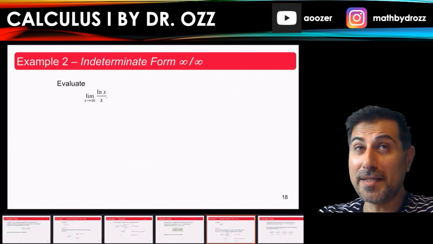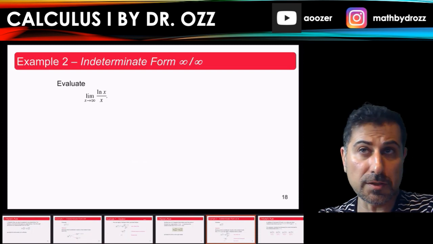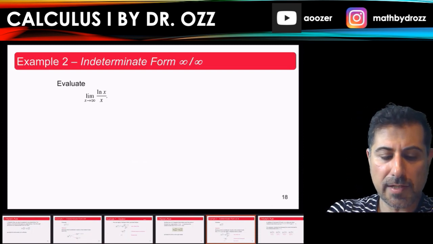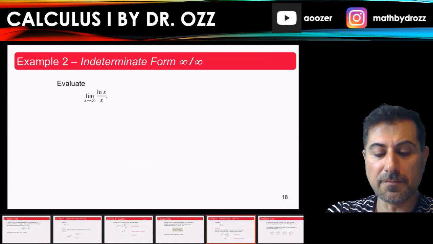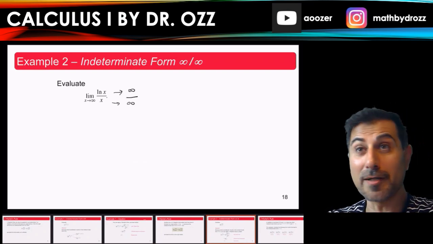Here's another case of an infinity over infinity type indeterminate form. We have done 0 over 0 with the previous example. So let's check. As x approaches infinity, ln x is going to approach infinity. And x is already approaching infinity, so we have an infinity over infinity type indeterminate form. Don't worry about it.